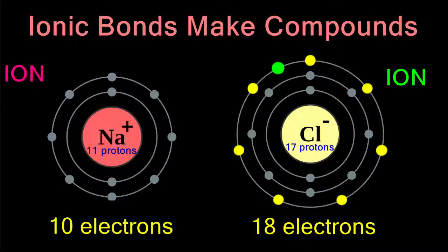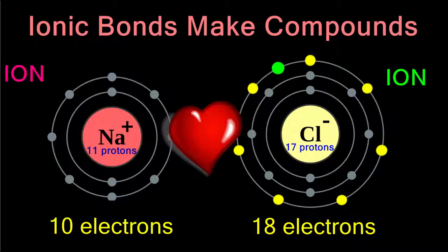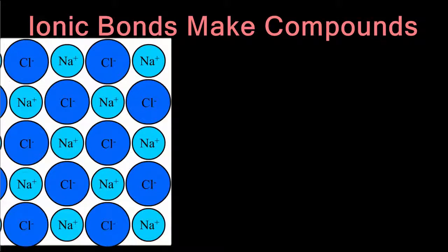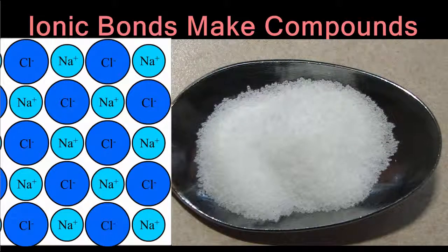Because these two ions have opposite charges, sodium with a positive charge and chlorine with a negative charge, they're going to be attracted to each other and form an ionic bond. The attraction between two oppositely charged ions is what gives ionic bonding its name. The oppositely charged sodium and chlorine ions attract each other in a crystalline structure that gives us salt crystals.